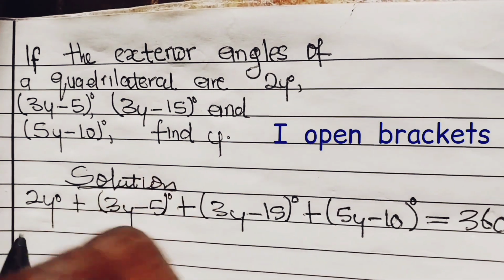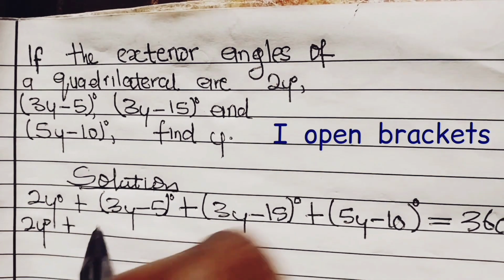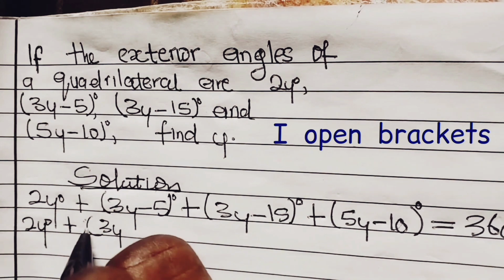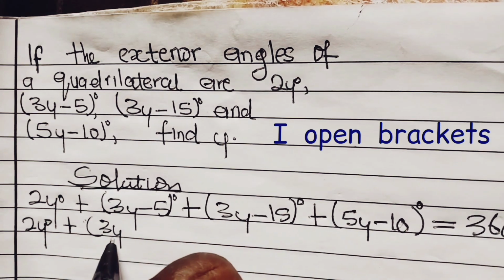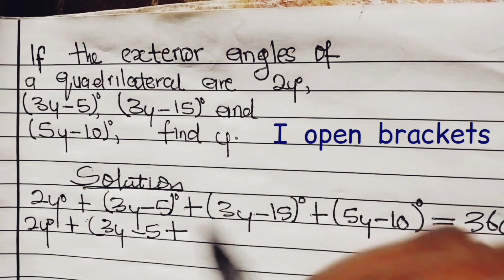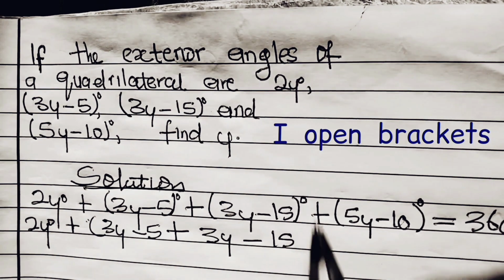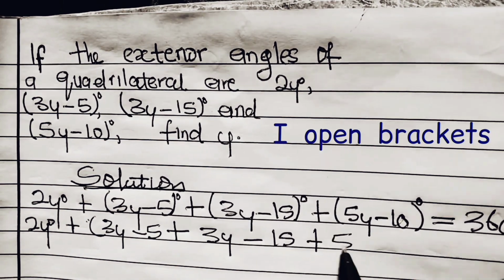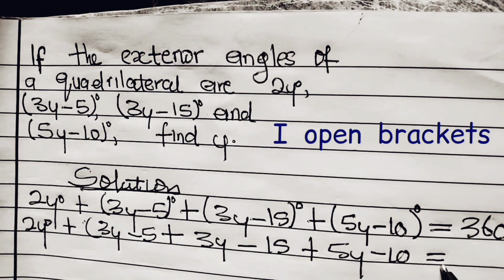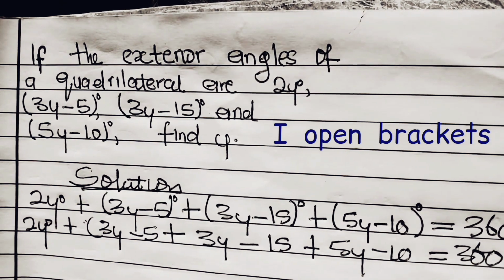I start with 2y degrees plus 3y, no more brackets, plus 3y minus 5, plus 3y minus 15, plus 5y minus 10, is equal to 360.